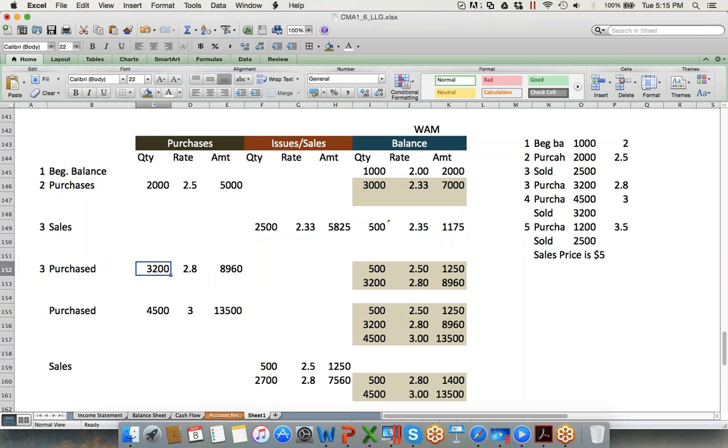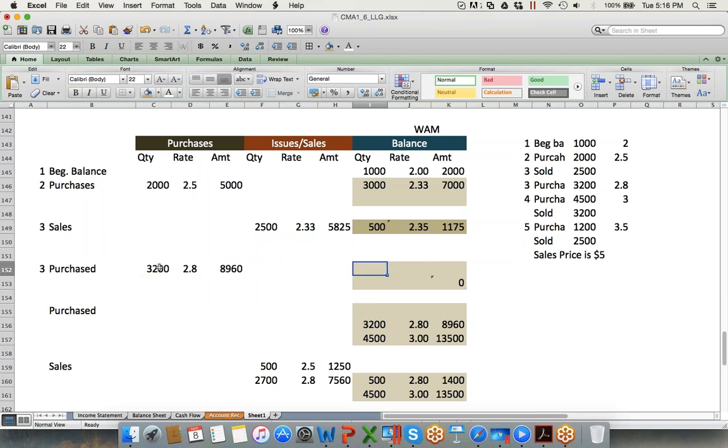Next, on the same day, we purchased as well. Purchased how many units? 3,200 at the rate of 2.8, amount 8,960. Now what you need to do is add quantity to quantity and value to value. This I will remove not to have any confusion. 500 units here and recently purchased quantity is 3,200.